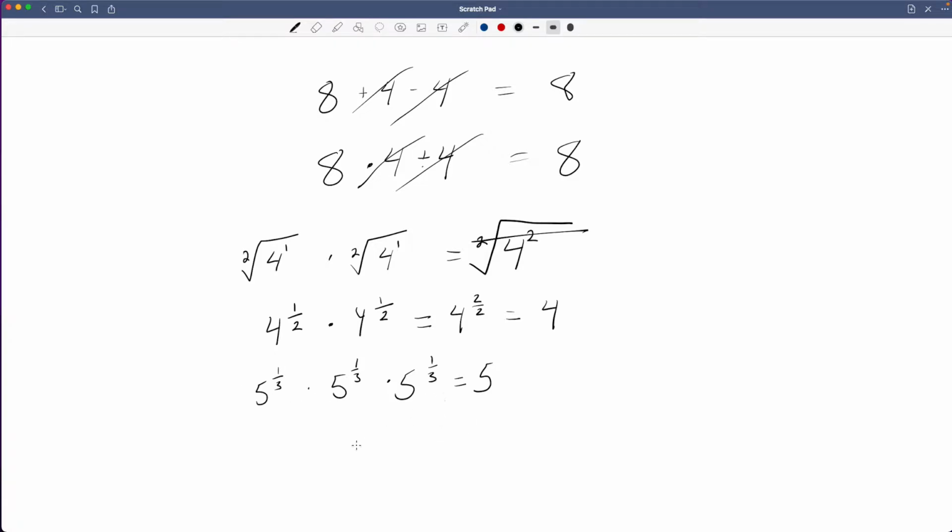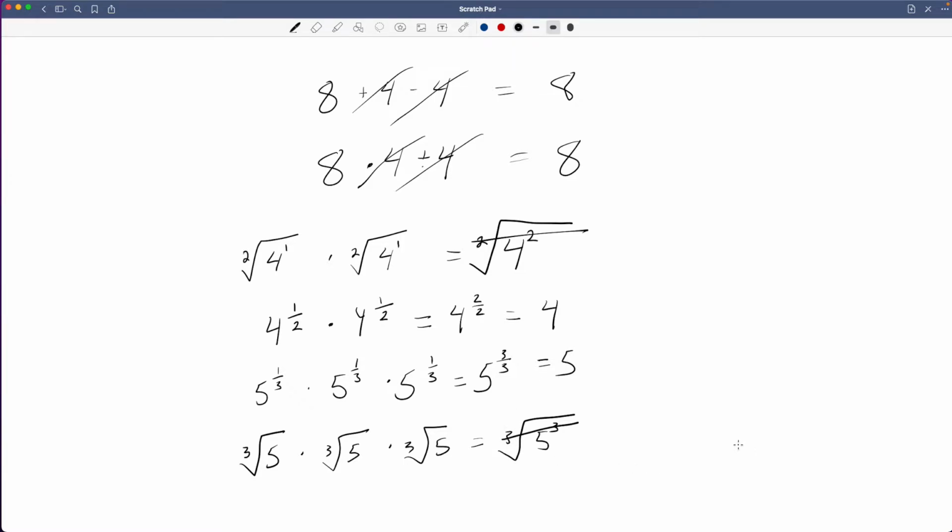And that is the same thing as saying the third root of 5 times the third root of 5 times the third root of 5 is equal to 5. Well, what we're really looking at is the third root of 5 to the third power. The two numbers cancel each other out. Just like here, you would actually have 3 over 3, which we know equals 1, so the answer is 5.